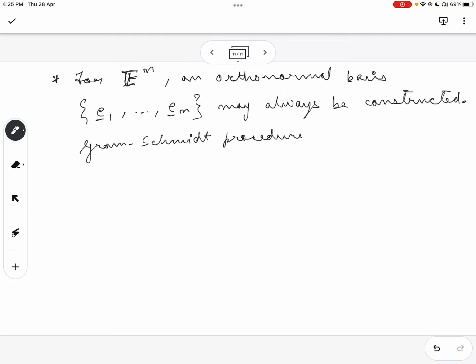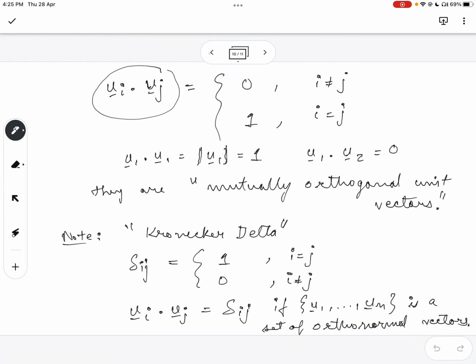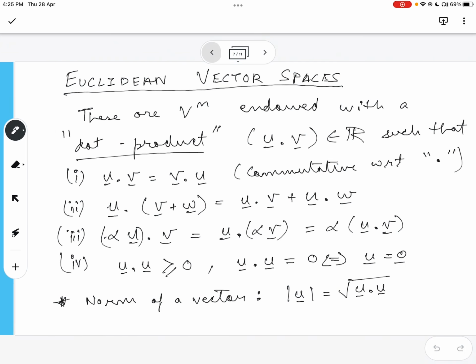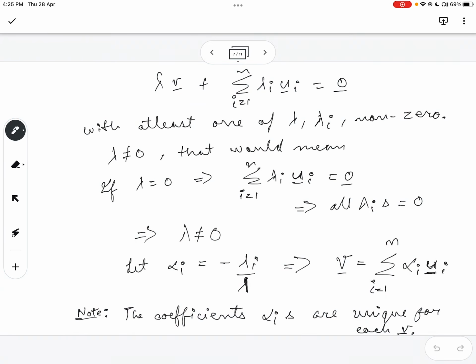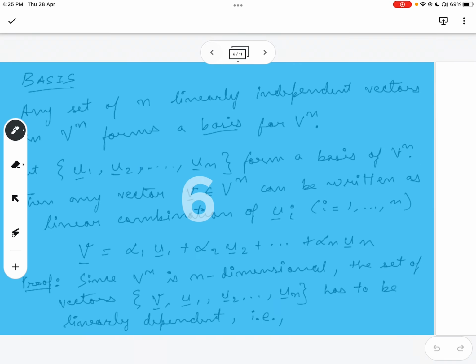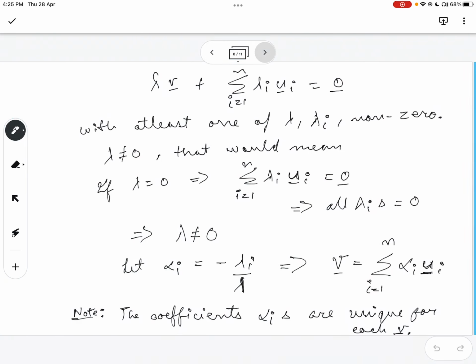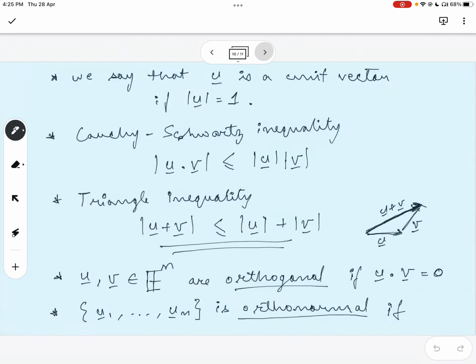As we had seen earlier, for an n-dimensional vector space, any vector v can be written as a linear combination of n linearly independent basis vectors. Similarly, this can be done with our orthonormal basis vectors.